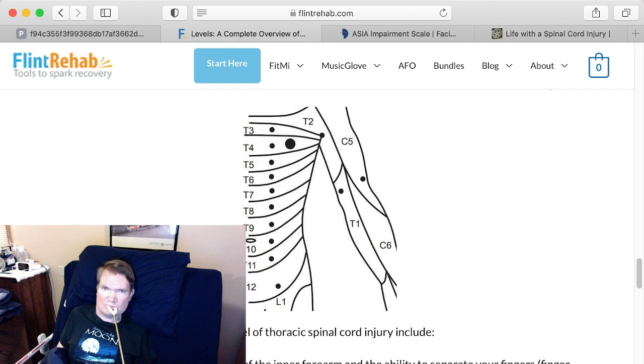So it can get rather confusing that the same words are used to describe very different abilities, but for now that's the way it is. And then anything below the cervical injury, so below C7, someone is called a paraplegic, that they usually have some or complete use of their arms or hands, but not their legs.